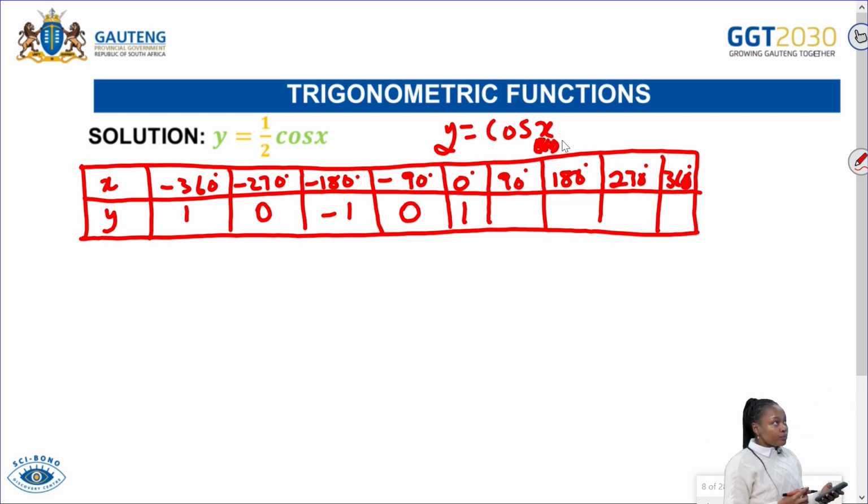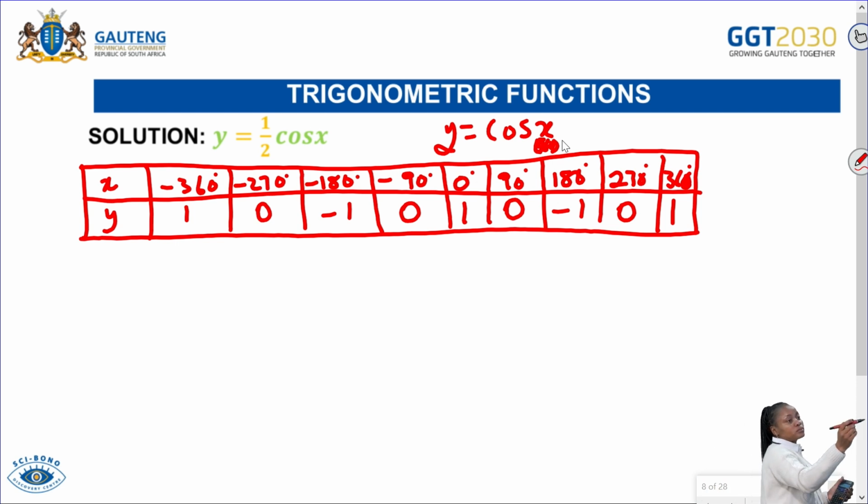And then you move to 90 degrees, you get 0. And if you substitute 180, you get -1. And if you substitute 270, you get 0. And if you substitute 360, you get +1, right?